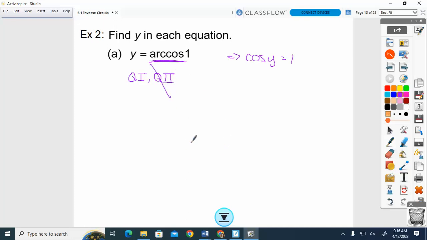Think about your circle. When does cosine equal 1? 0 degrees or 360 degrees, 2 pi. So you could say 0 degrees or 0 radians. You could say 360 degrees, 2 pi radians. These are all coterminal, so lots of different ways. You wouldn't have to give me all of them. You just have to have one answer.